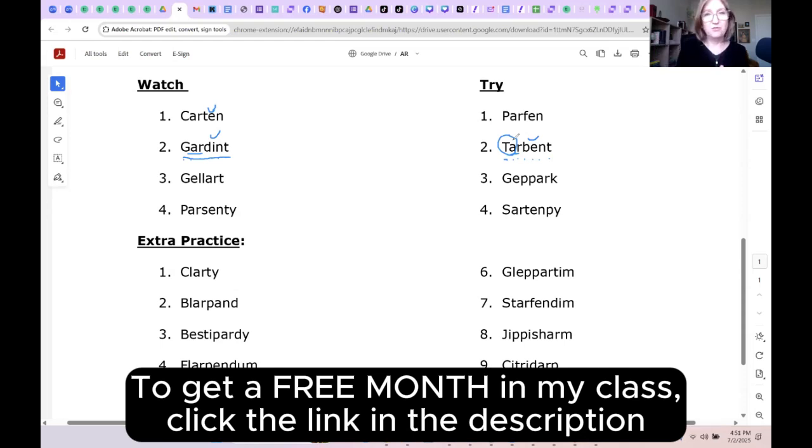The T is voiceless. No vocal cords are used at all. T, t, t. Then we use our vocal cords for the ar sound. So the sound for T is not ta, it's just t. Okay, so we have tarbent.